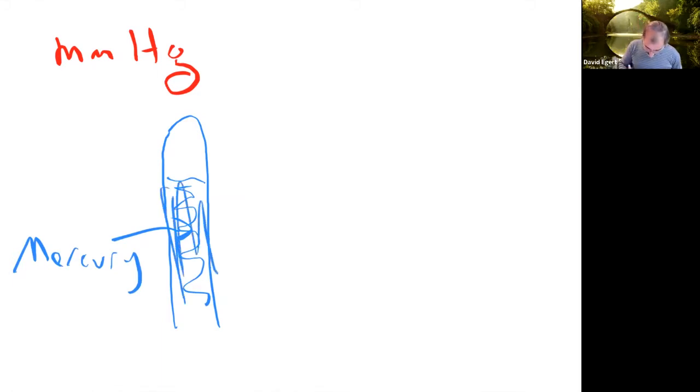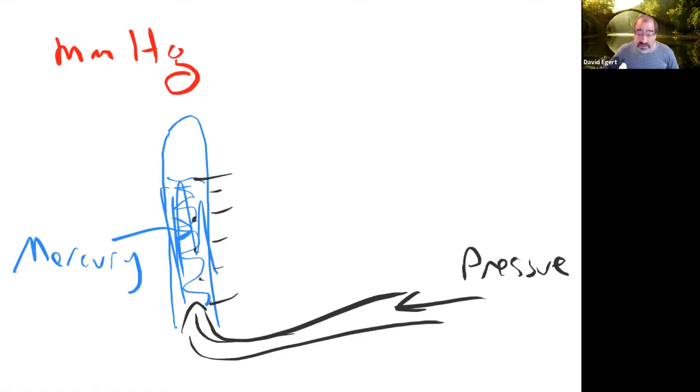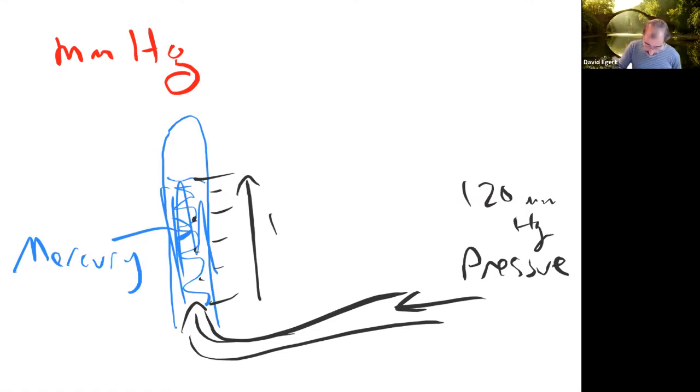And if we have some pressure here, that pressure can push this mercury up against gravity. So if I say I have 120 millimeters of mercury of pressure, it literally is how much pressure you need to keep a column of mercury up 120 millimeters.